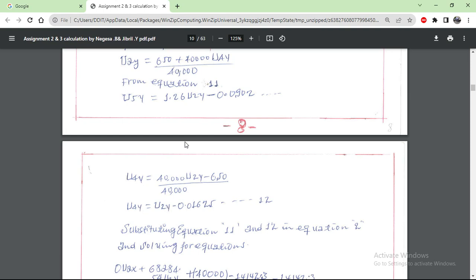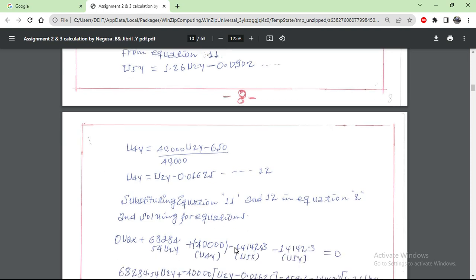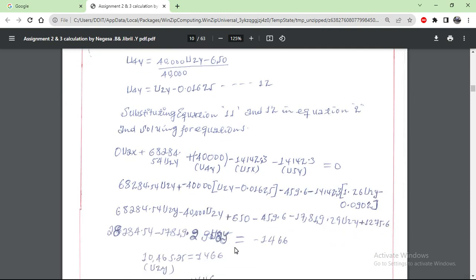Rearranging, substituting equation number 11 and 12 in equation number 2 and solving the equations. By using substitutions we generate this result, equation number 11 and number 12.